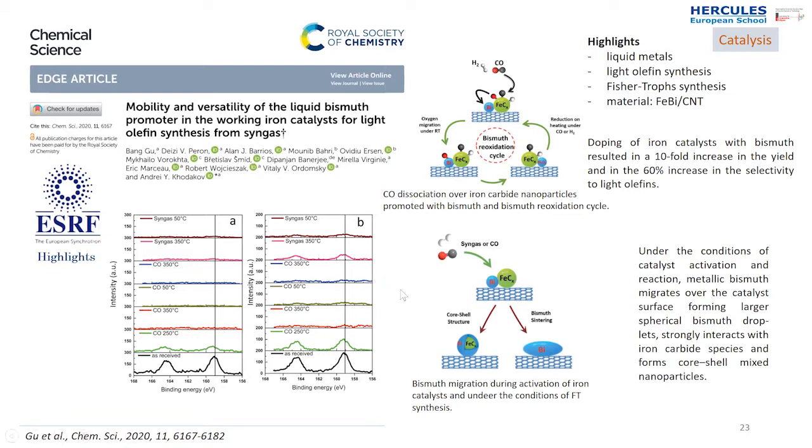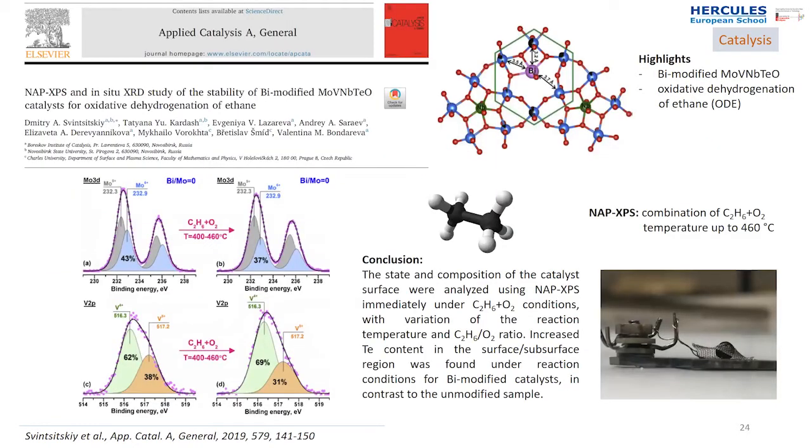And again, in combination with other techniques, it was shown that the bismuth migration during the activation of the iron catalyst creates a so-called core-shell structure, where the bismuth is either sintering together or covering the iron catalysts, which are grown or prepared on carbon nanotubes. I will not go into the detail because it might not be so interesting for you.